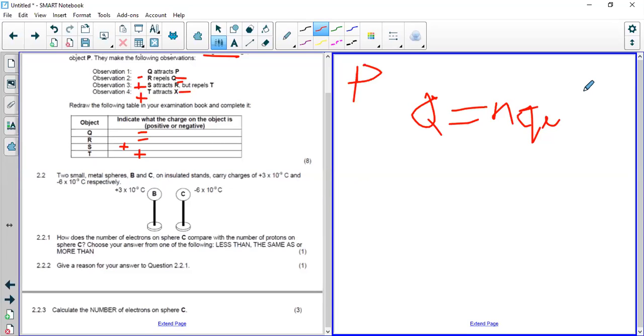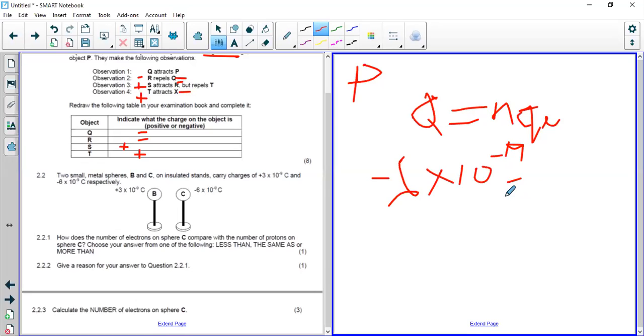The charge is negative 6 times 10 to the power negative 19. I can't write nicely here, guys. You've got your negative 19 there, which is equal to n.